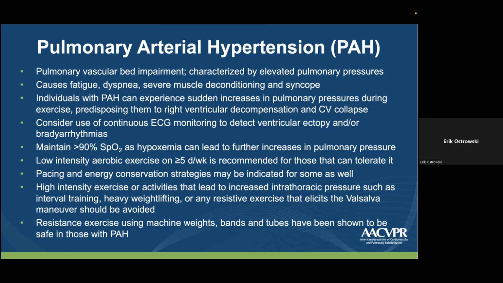So resistance exercise using machine weights, bands, and tubes have been shown to be safe and effective for patients with pulmonary arterial hypertension. So we don't have to avoid resistance training with this patient population. We just need to be cautious. And when I say cautious, meaning we need to educate the patient on proper breathing techniques and avoiding the Valsalva maneuver in general.